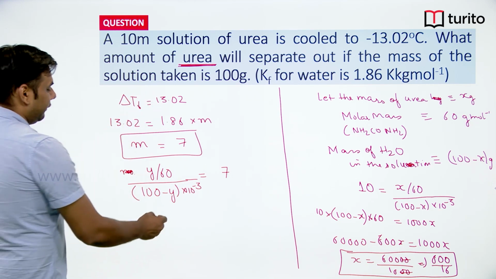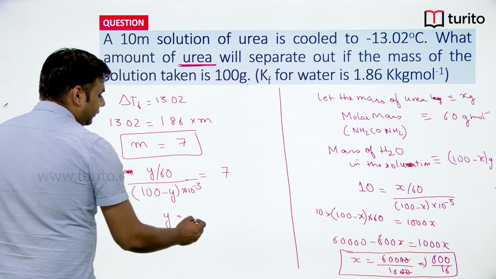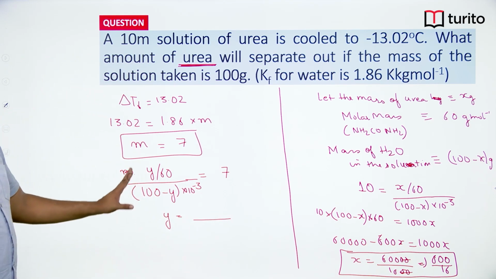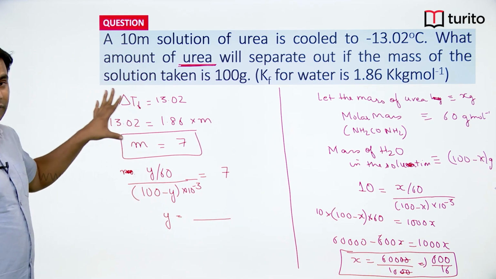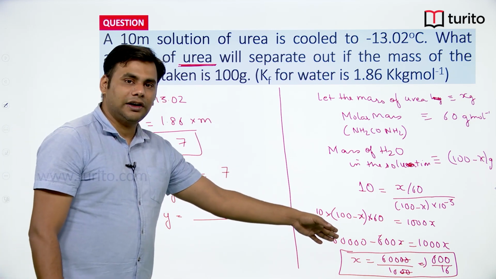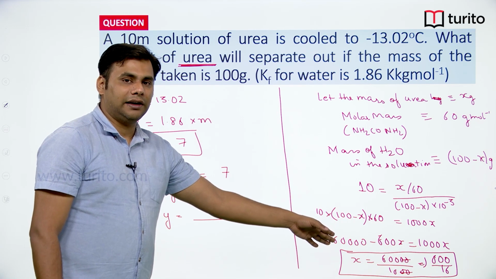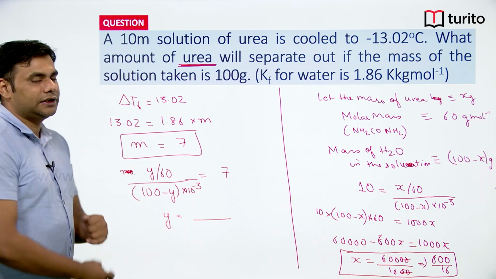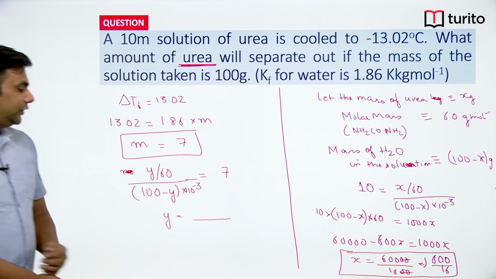We can calculate the value of y from here. So y will be the final mass of solute present at minus 13.02. Now we knew the initial mass of solute that we had taken, so we just subtract x minus y and we get the value. Hope this is clear to you.